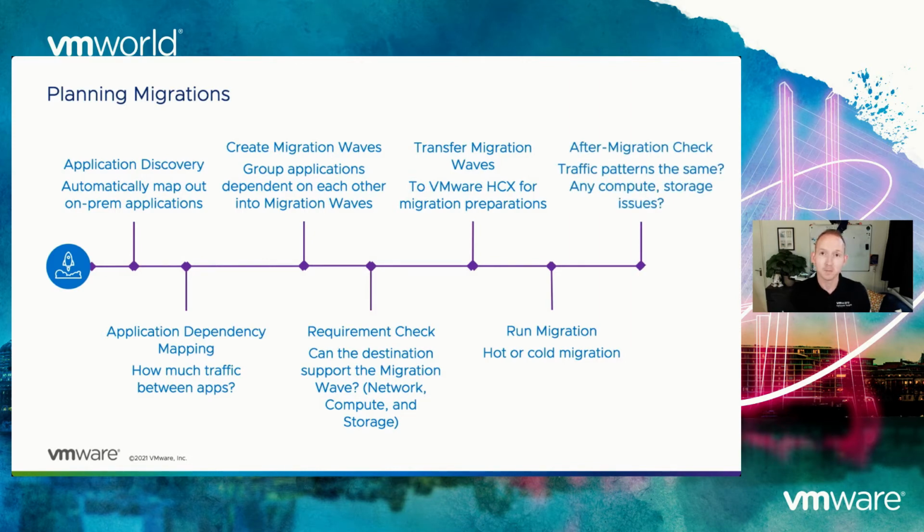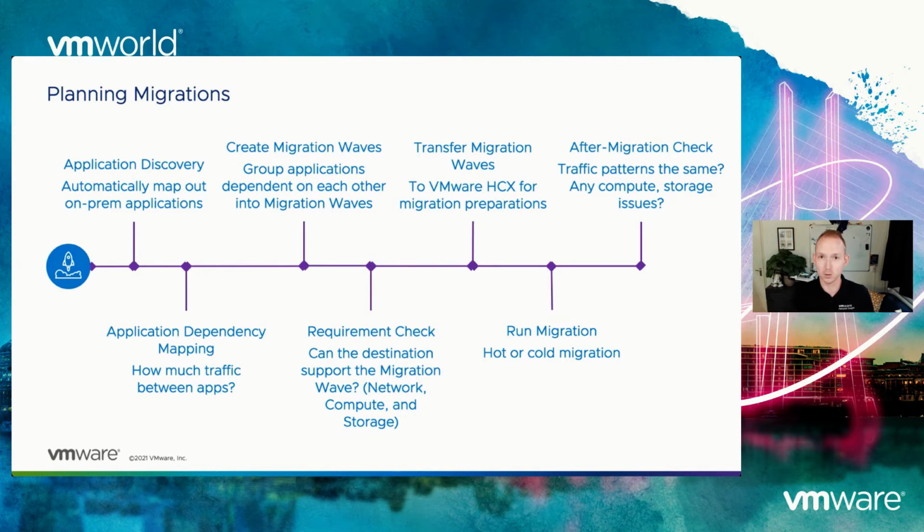And then once that's done, final step for this migration wave is the after migration check. So within both vRealize Operations and vRealize Network Insight, you can scroll back in time and see the behavior, see the performance of your VMs last week and this week. And then you can even compare them between one another, just to make sure that you see the same traffic patterns when it comes to networking, that there's no blocked traffic by the firewall rule set in the destination.